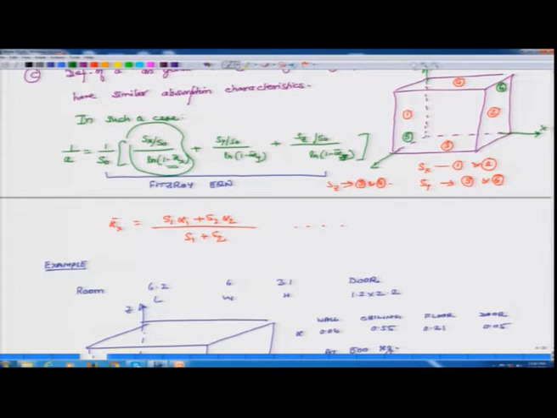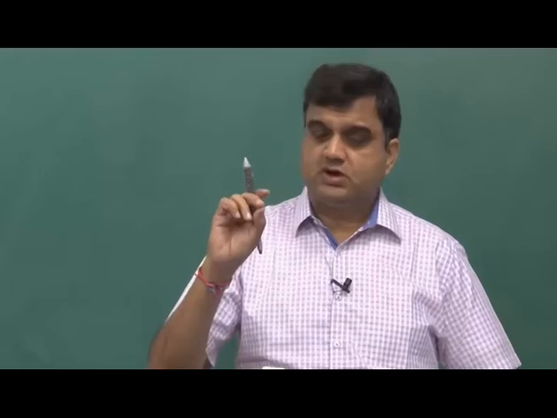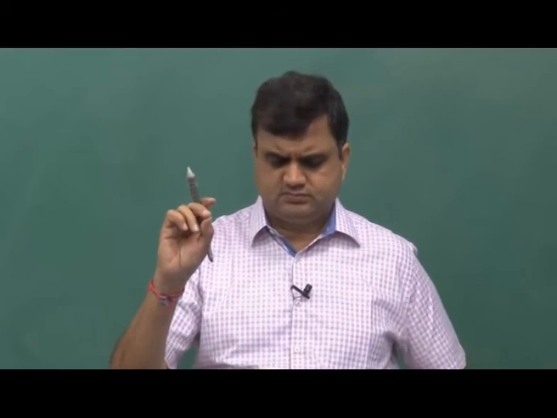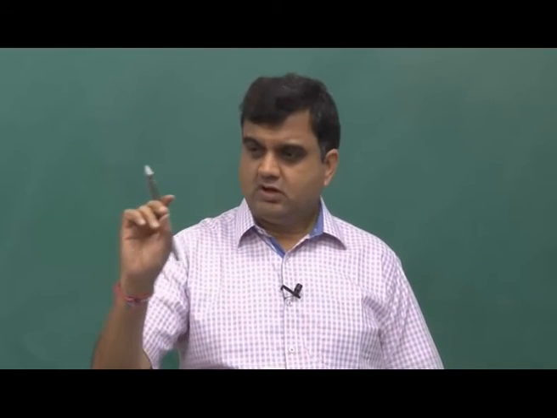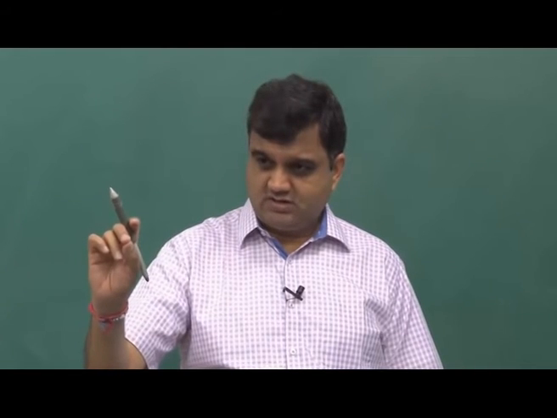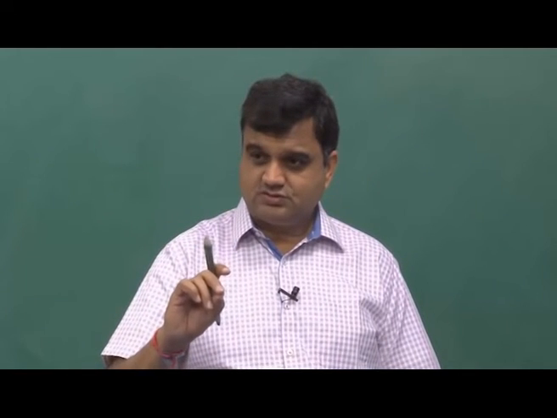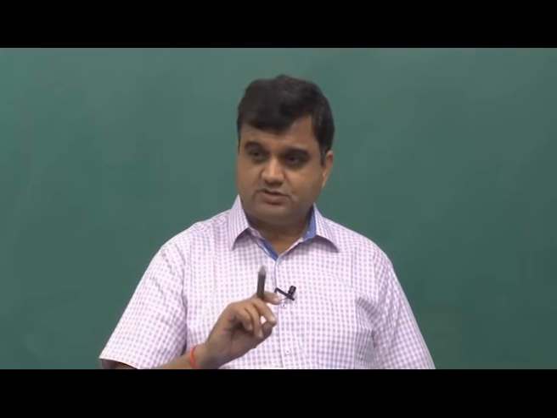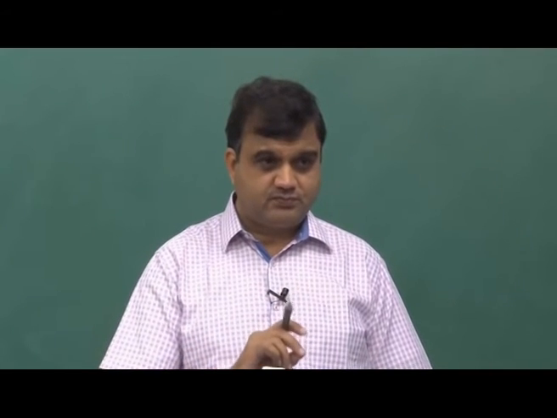Because log of 0.1 is minus 1, log of 0.01 is minus 2, right, log of 0.001 is minus 3, right.